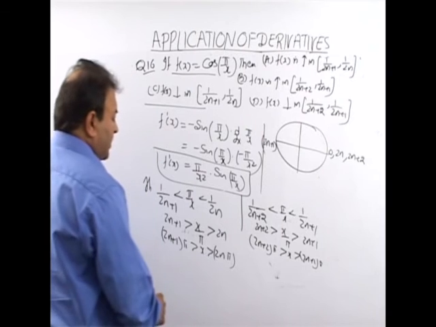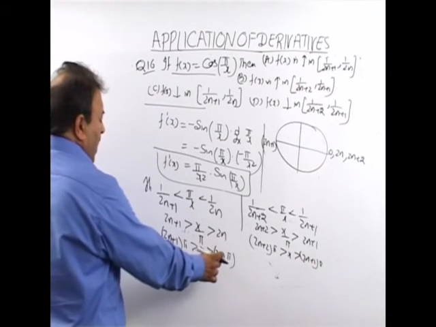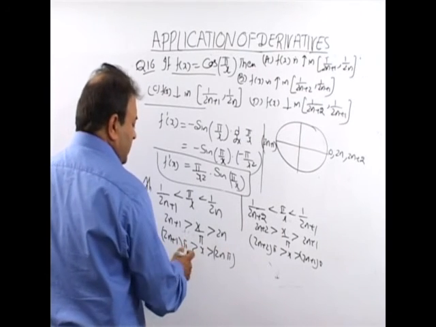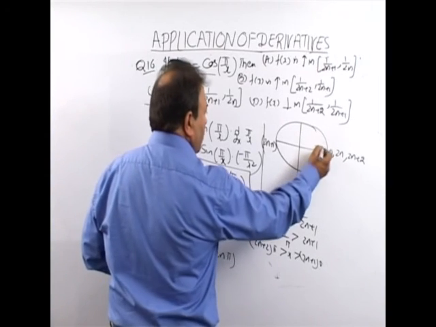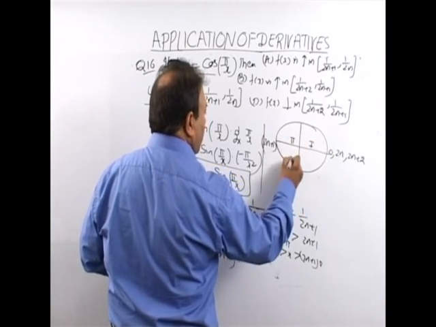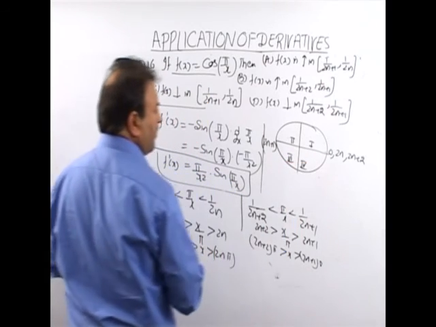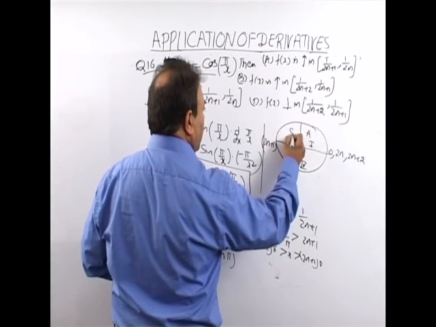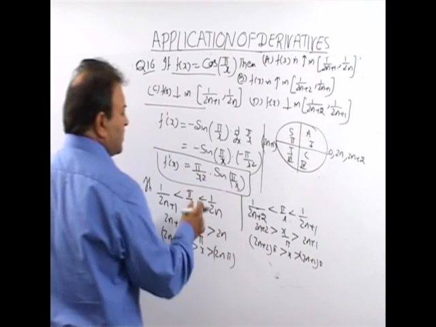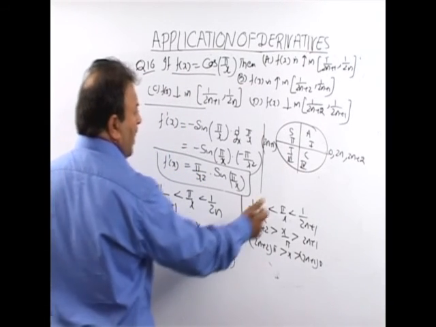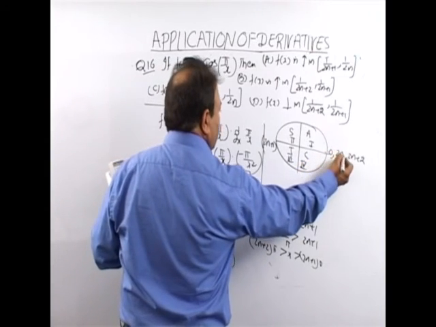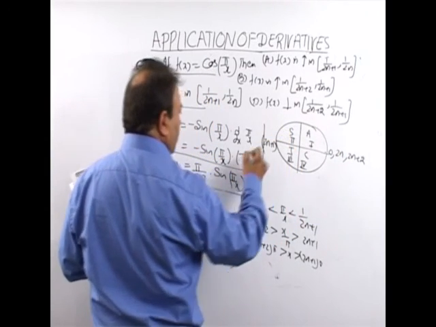Now I see 2n pi to (2n+1) pi, what is its meaning? 2n pi: this is first quadrant, second quadrant, third quadrant, fourth quadrant. Here it is all sin tan cos. We only have to see sine, what is sine? This is 2n pi to (2n+1) pi.